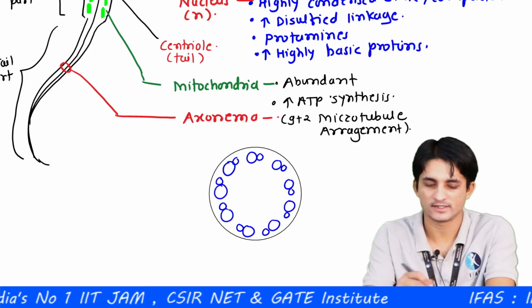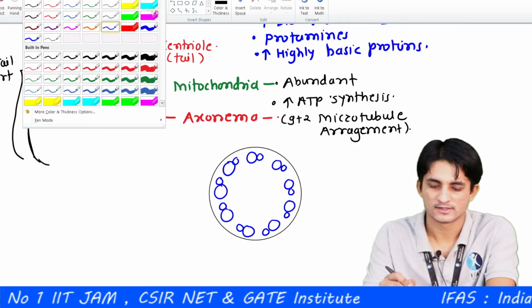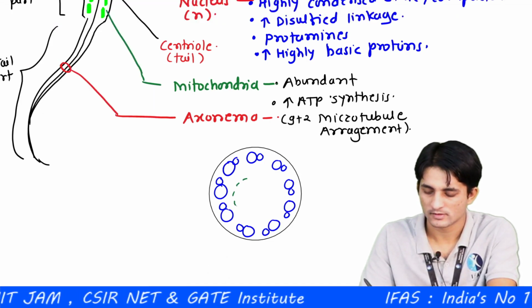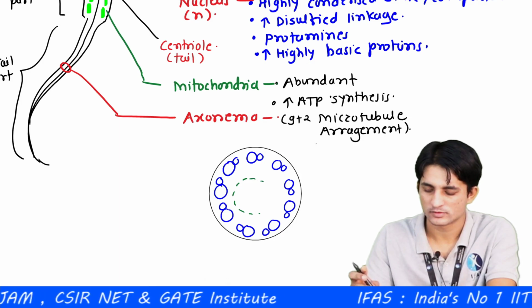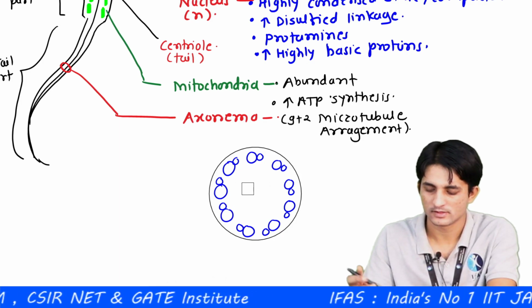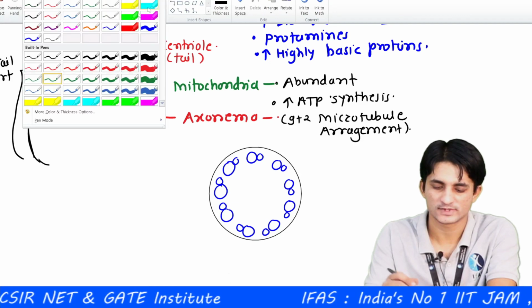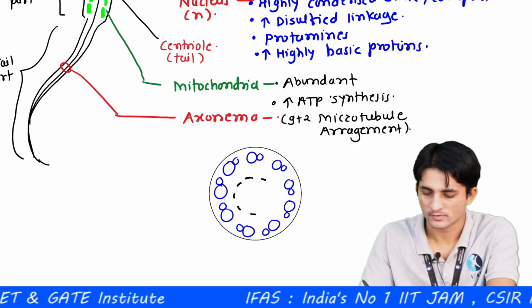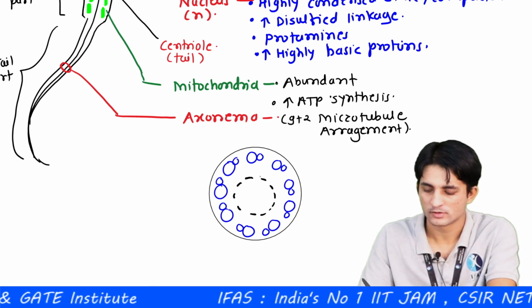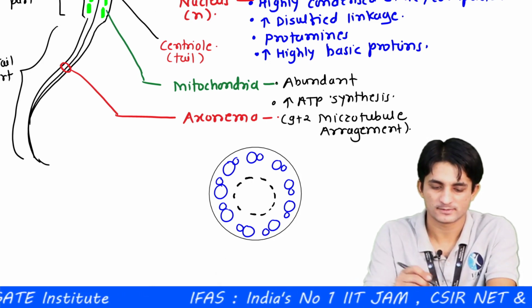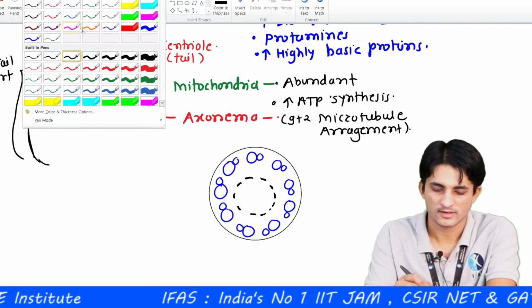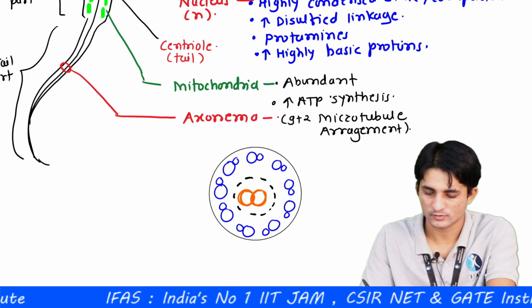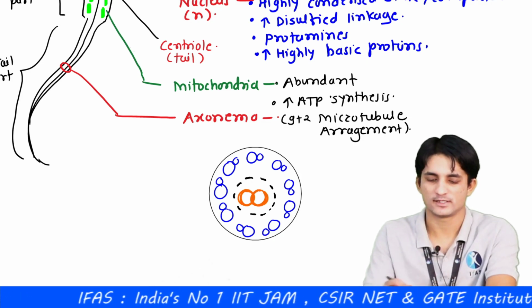And then in the middle side there is the presence of 2 singlets. So this is 1, this is 2.